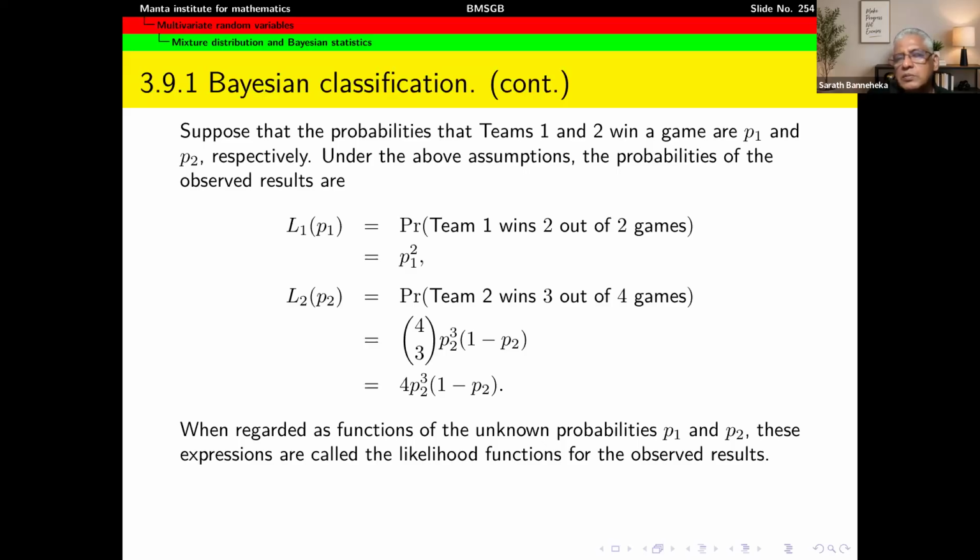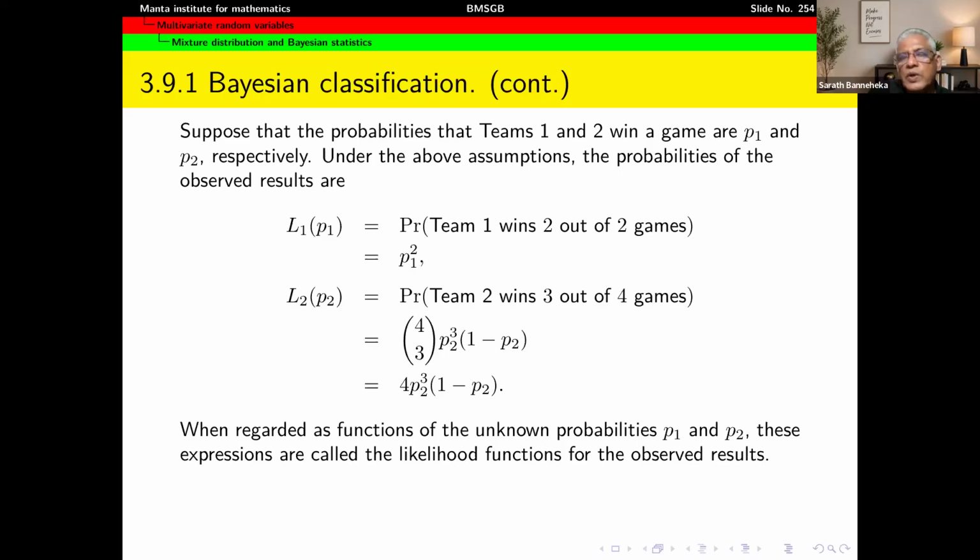That is one possible approach. Of course, we don't know P1 and P2, so we can estimate them using some method. One method that is used in general is called the likelihood method, or maximum likelihood method.